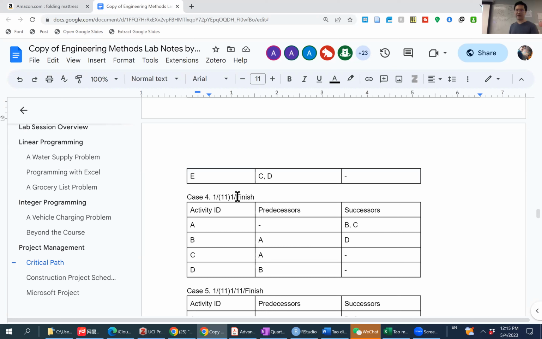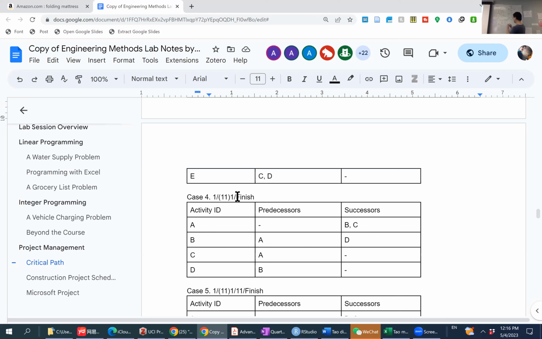If we start from A and also point to both B and C, we have a very similar starting structure. However, afterward, we need to make D the successor of B, right? But it's not directly connected to activity C. So after that, we need to find a solution.